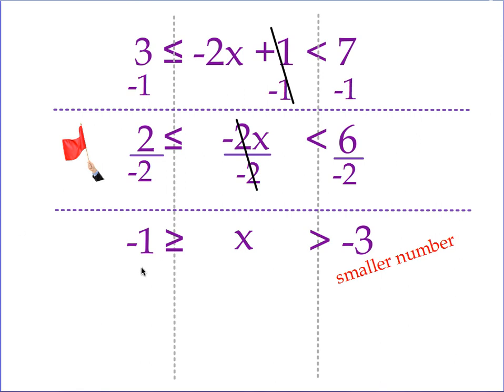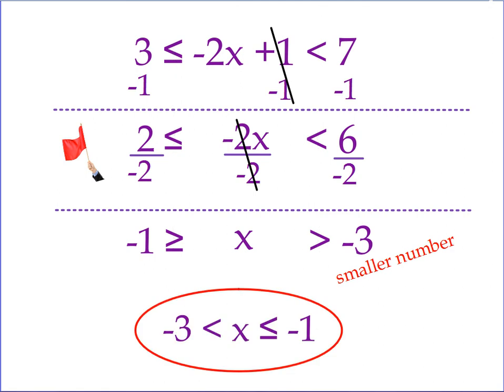It's okay to say all values in between negative 1 and negative 3, including negative 1, not including negative 3, but since negative 3 is a smaller number, quite often you'll see it flipped. Again, if I write this as a mirror image, I get negative 3 is less than x is less than or equal to negative 1. And if you saw this on, say, a standardized test, that's more likely how it would be written.